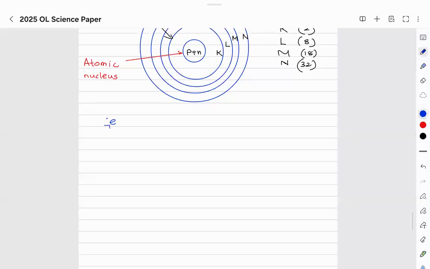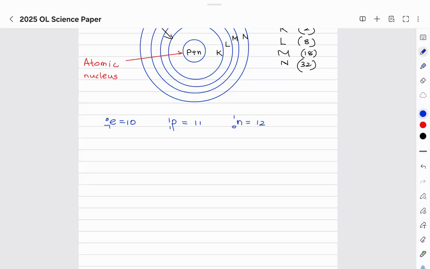The electron count is 10, proton count is 11, and neutron count is 12. So, first of all, we have to identify the atomic number. What is the atomic number of this element?